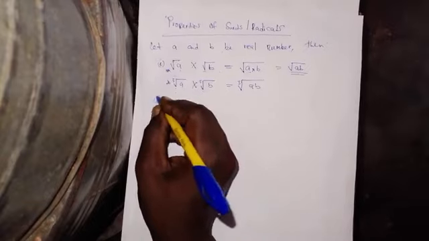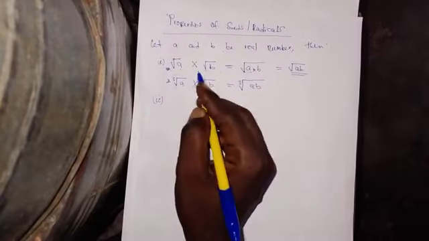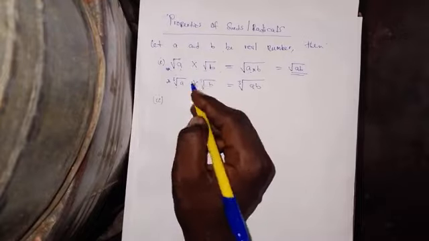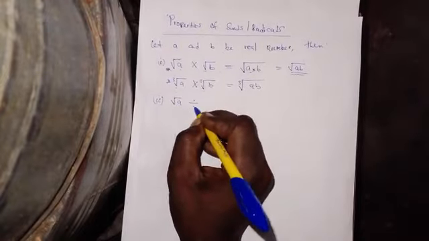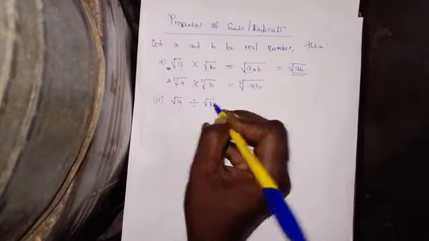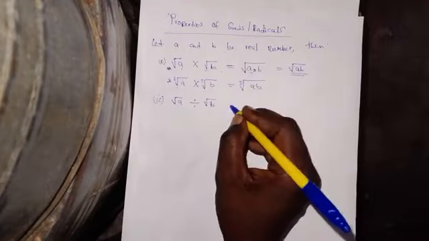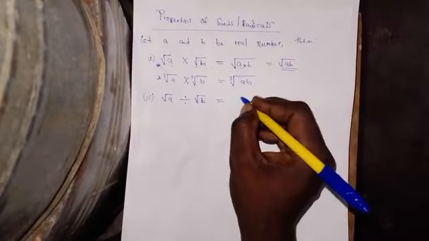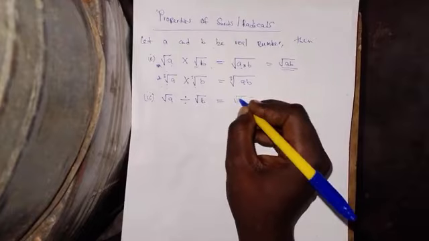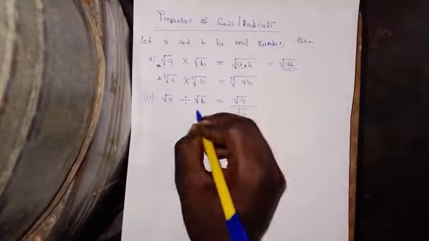Second property. The same, this is multiplication, even division is true. So if you have the root of A divided by the root of B, that is the same as, remember division, you can write it in this format or you can write it in the form of root of A over root of B. Both mean division.